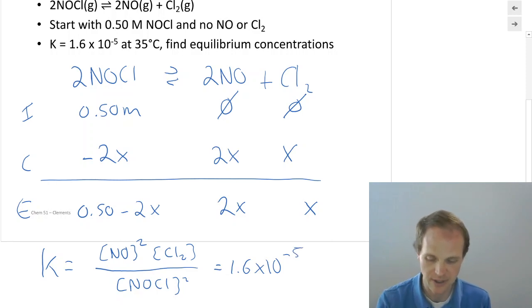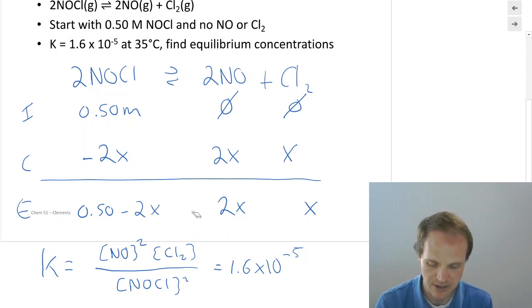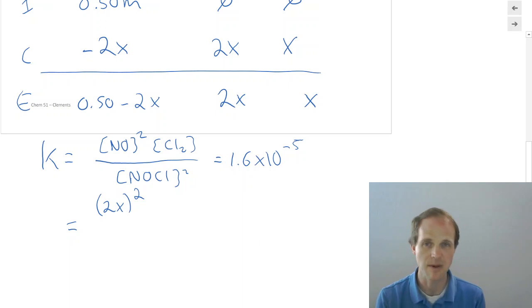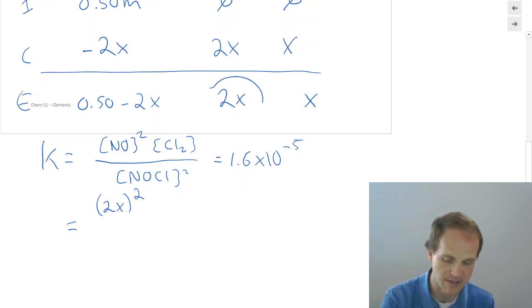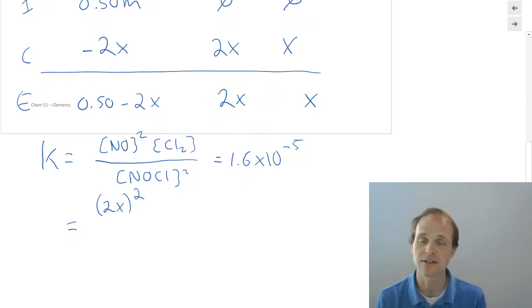We're going to substitute in our equilibrium line for all the different concentrations in that expression. And so what do we get? We get that K is equal to (2x) squared. And again, I'm going to remind you, always put that 2x in the parentheses, because that's your concentration. Your equilibrium line says your concentration is 2x. The equilibrium expression says you square that concentration.